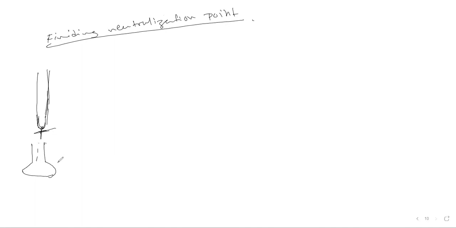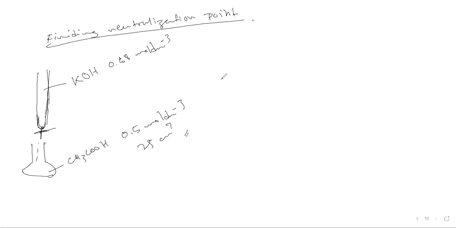Let's say in the conical flask we have this weak acid CH3COOH, and over here we have potassium hydroxide at a concentration of 0.68 mol per dm cubed. The concentration of our ethanoic acid is 0.5 mol per dm cubed, and the volume is 25 cm cubed. They have given us the value of Ka equals 1.7 times 10 to the power negative 5.